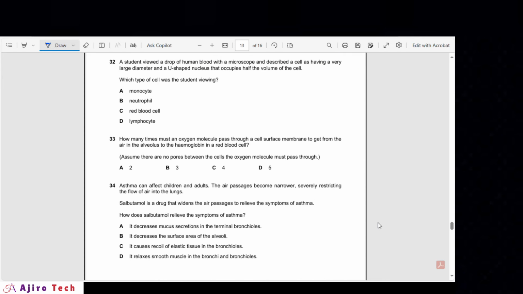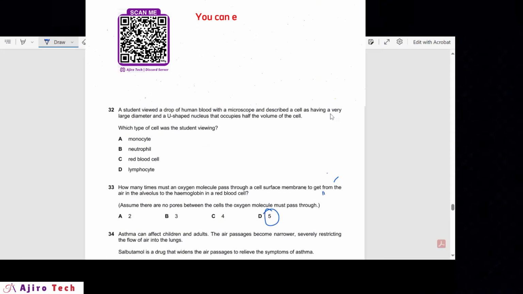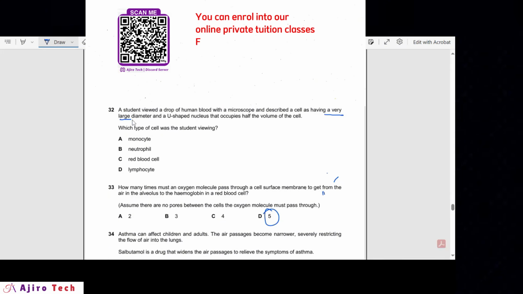A student viewed a drop of human blood with a microscope and described a cell as having a very large diameter. Even though a monocyte is going to become a bigger cell, it's very large as well.